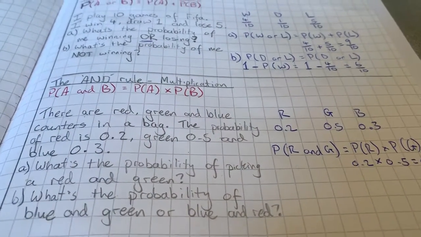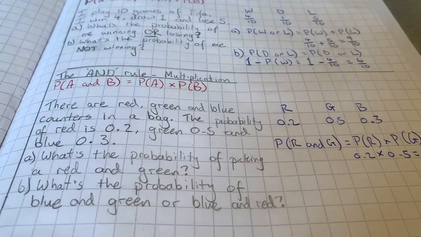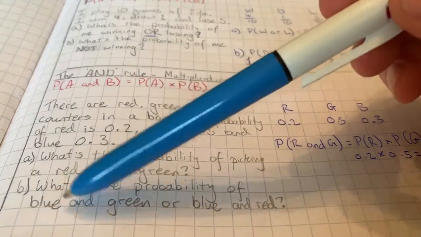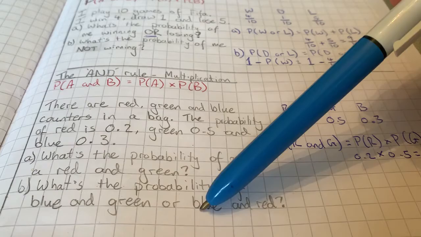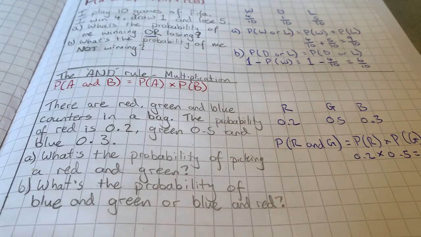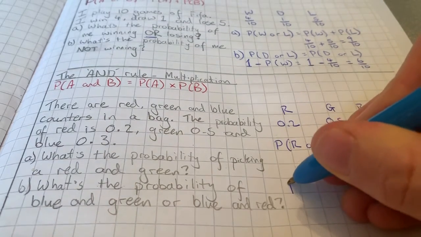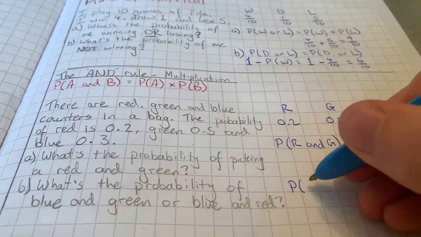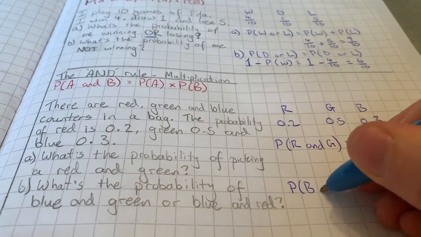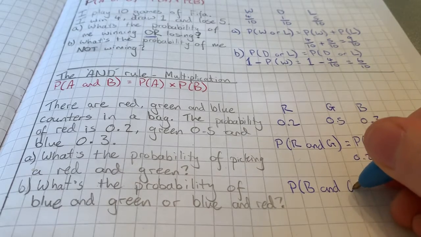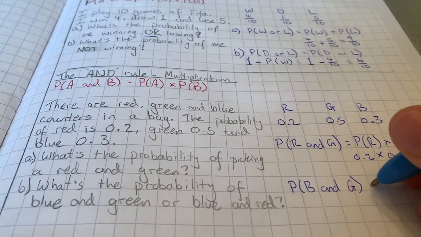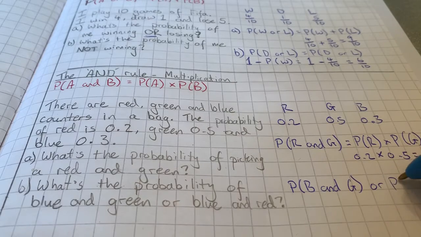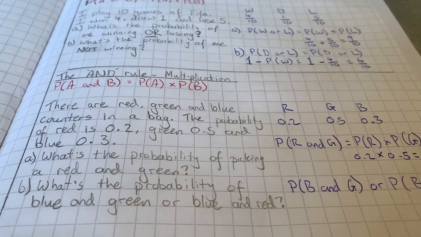Next one, I've made the part B a little bit more technical. What's the probability of picking a blue and a green counter or picking a blue and a red counter? So we're going to use the AND rule, but combine it with the OR rule for this one. So what we're actually looking for is probability of blue and green with or probability of blue and red.